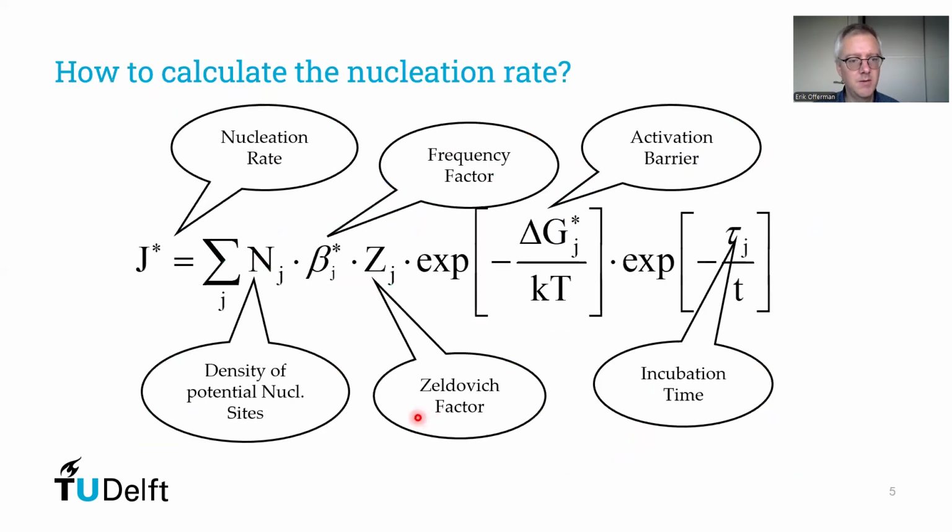Now, how to calculate the nucleation rate? This is a nucleation rate equation that is quite often used, where you see the density of potential nucleation sites, a frequency factor, which describes how frequent atoms are added to a subcritical nucleus, the Zeldovich non-equilibrium factor, and we have here the activation energy for nucleation, which is a very important parameter, and the incubation time for nucleation, which basically describes the characteristic timescale on which the transition from the transient nucleation rate to steady state happens.